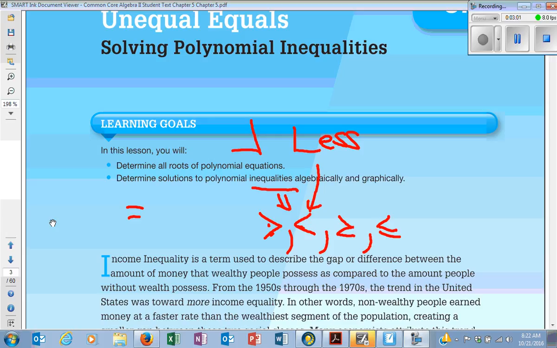Like, I don't want a complete bomb of a house, right? I don't want something that doesn't have a roof, that's barely got any walls, basically just a piece of land. So I can say, you know what? Sorry if I'm talking about your house. I don't want my house to be less than $75,000. Because if it's less than $75,000, that's too much work for what I want to do.